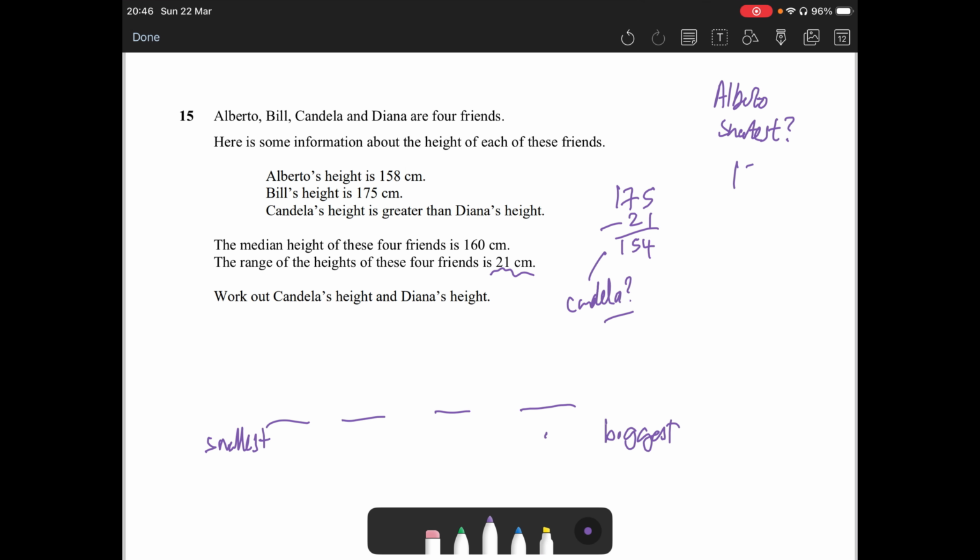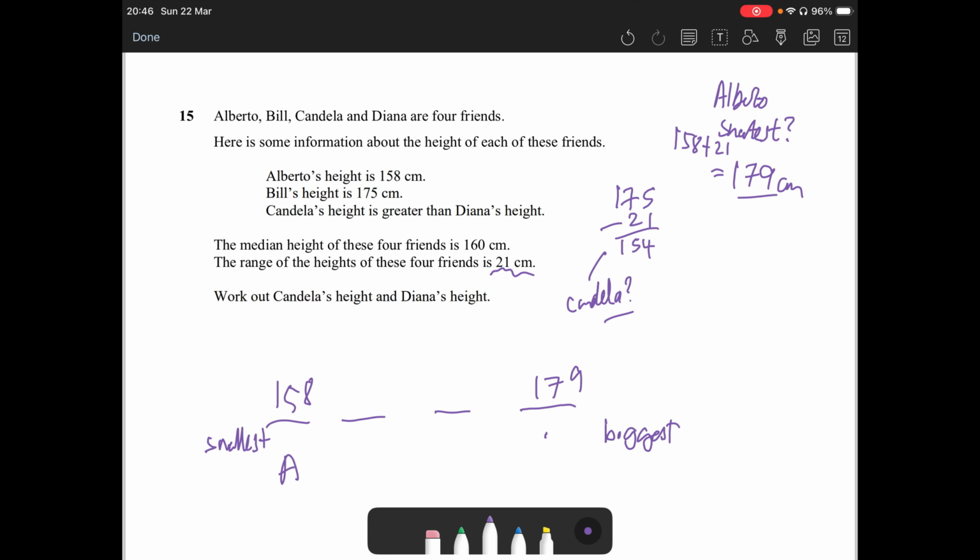So the max height would be 179. So 158 plus 21. I've got the luxury of writing on digital paper, so let's see what happens, right? Let's say Alberto is the shortest. So let's go with Alberto 158. We're making the tallest person 179.